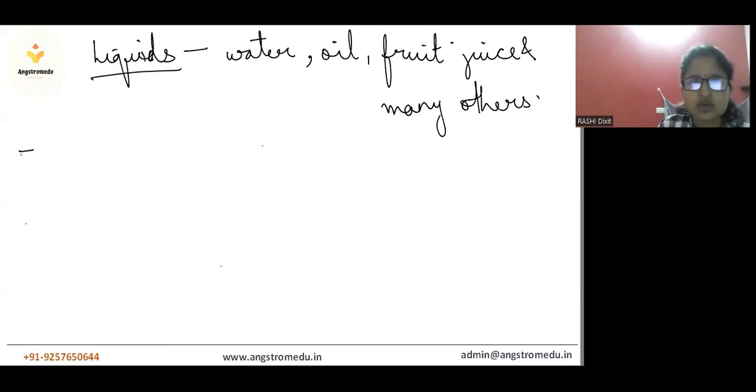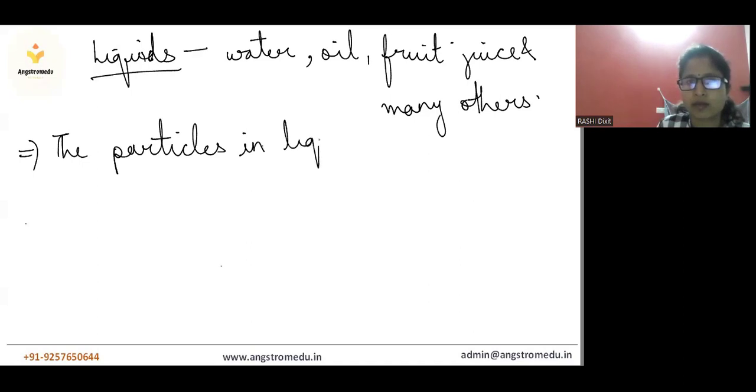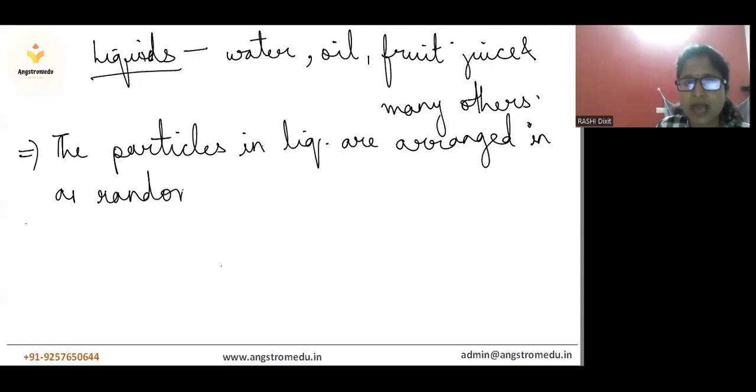Now, we should know that the particles in liquid are arranged in a random way, right? Which is opposite to that of solids, where there is a regular arrangement.